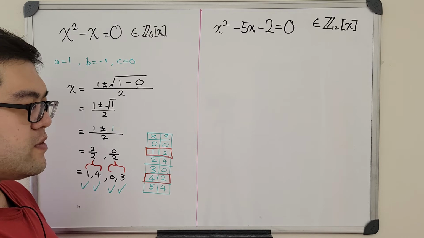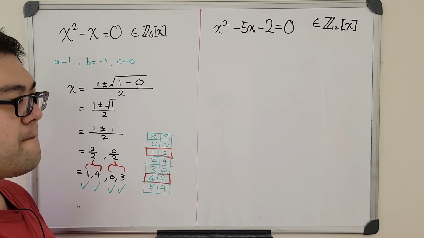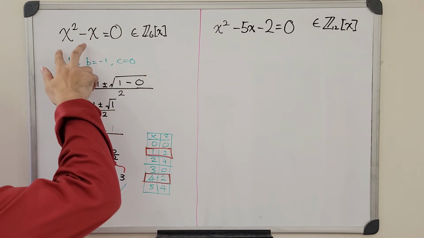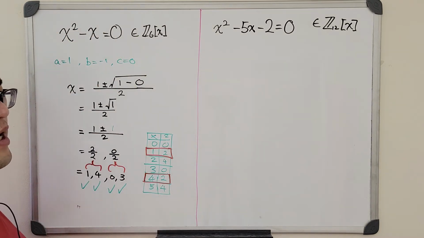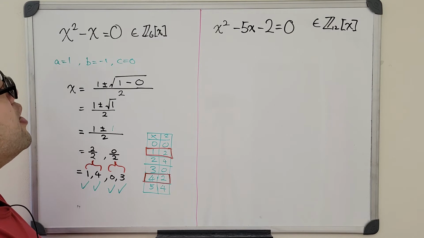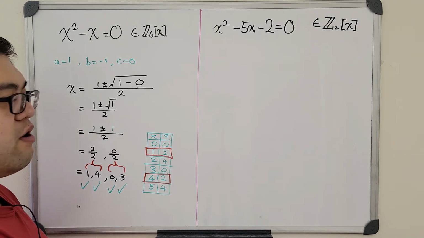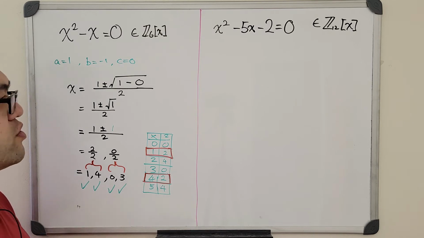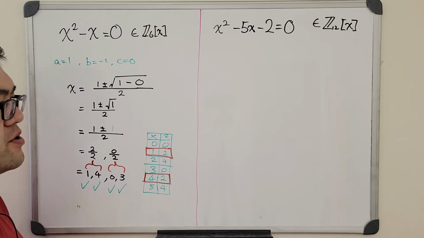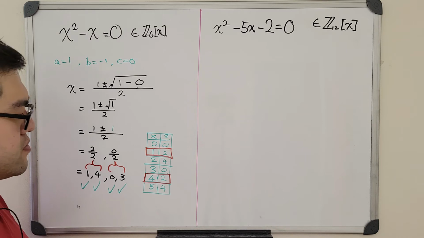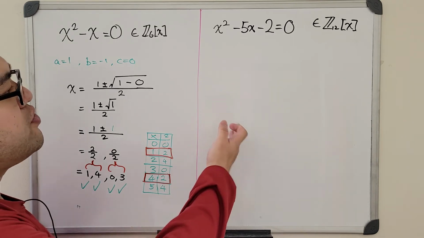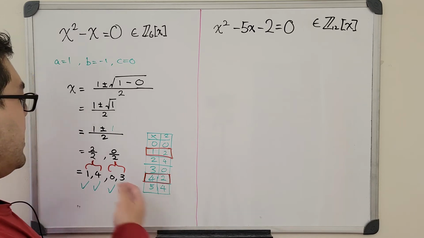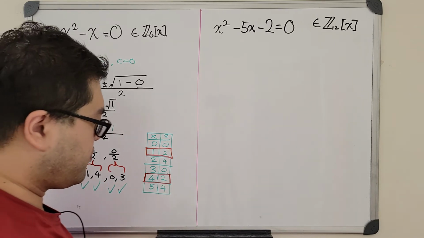The concept that a degree 2 polynomial here, or a quadratic equation, can have at most 2 solutions, is no longer valid, because in our situation, we actually end up with more than 2. We in fact have 4 solutions. So now let's move on to the next one and see if we'll always get 4 solutions as what we notice.